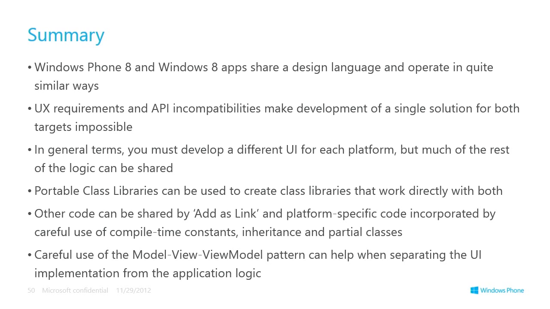But much of the rest of the logic can be shared, and portable class libraries are your friend here in developing as much as possible from exactly the same code and ending up with one DLL that you can reference from both platforms. Other code can be shared by Add As Link, and you can handle the slight differences between the platforms using things such as compile-time constants, inheritance, and partial classes.